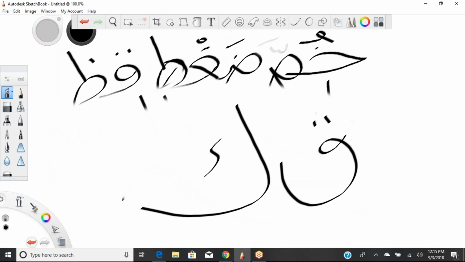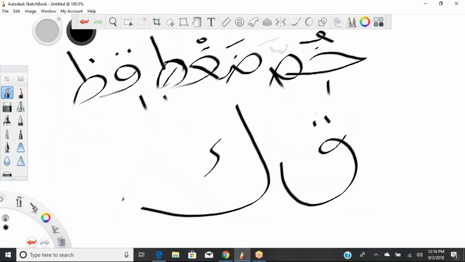And this is kaf, kaf, qaf, qaf, kaf. These letters also differ. The qaf has no air, no sound. But the kaf has no sound, but it has a little air. Right.